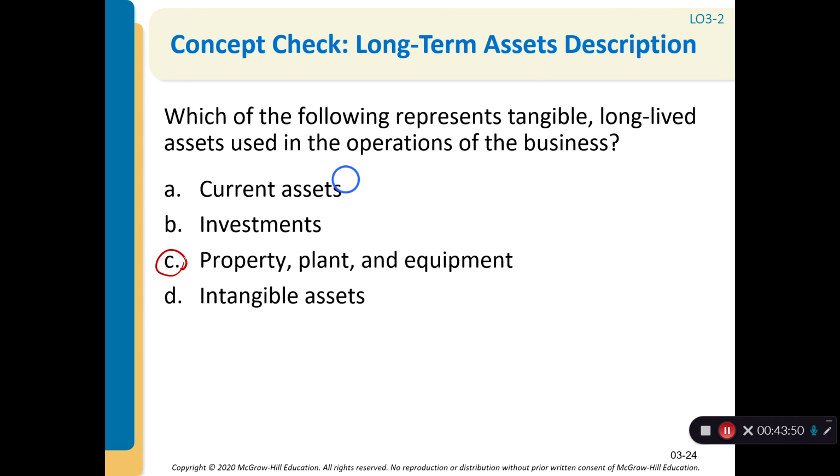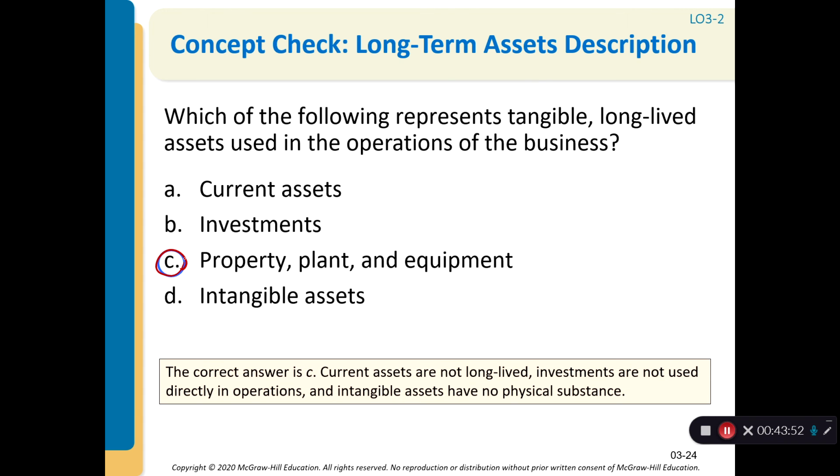The reason is that current assets are not long-lived, and investments are not used directly in the operation, right? So the keyword here is directly used in the operation. And an intangible asset has no physical substance, because it says intangible, right? So therefore we choose C.